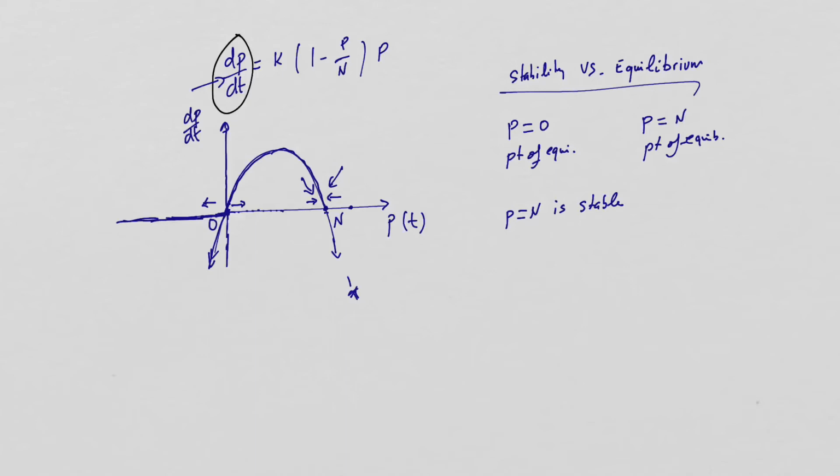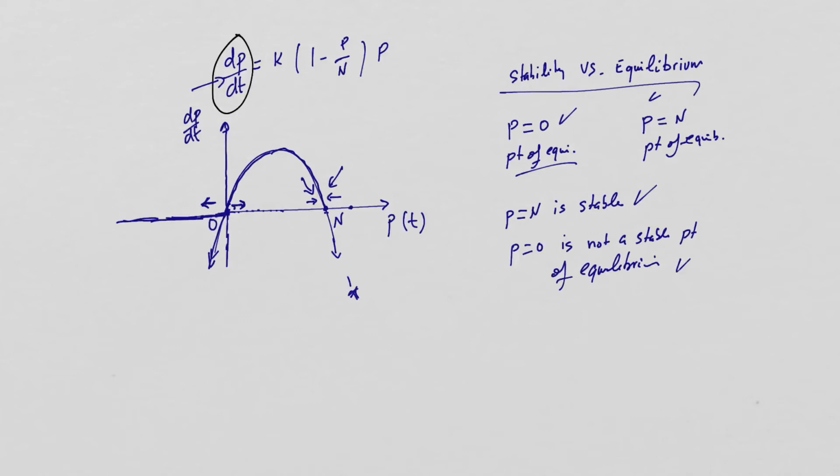And if p equals 0, which is a point of equilibrium, the arrows seem to move away from 0. That is, p equals 0 is not a stable point of equilibrium. So even though both are points of equilibrium, one of them is stable and the other one is unstable.